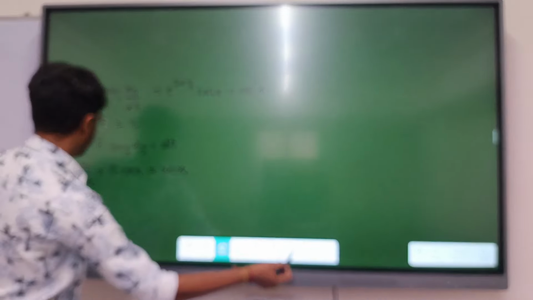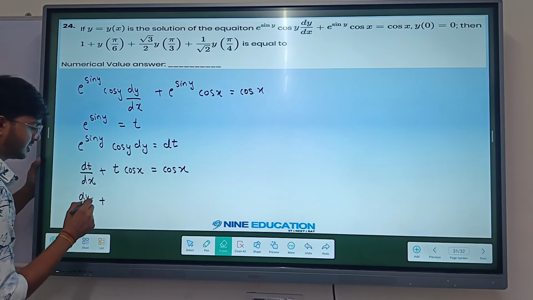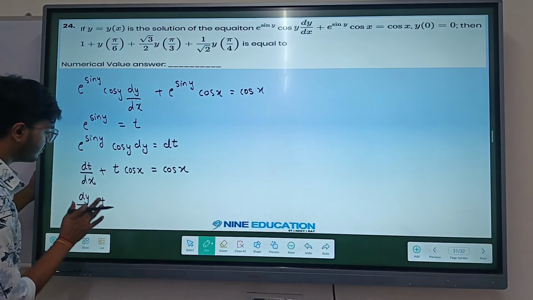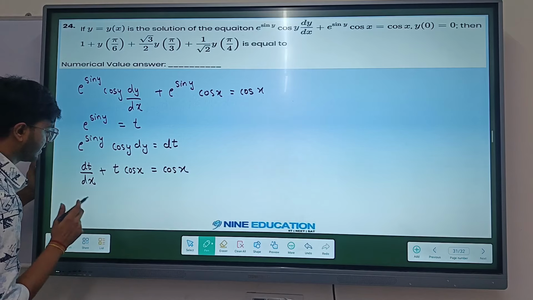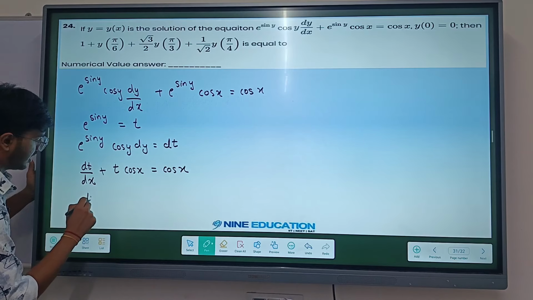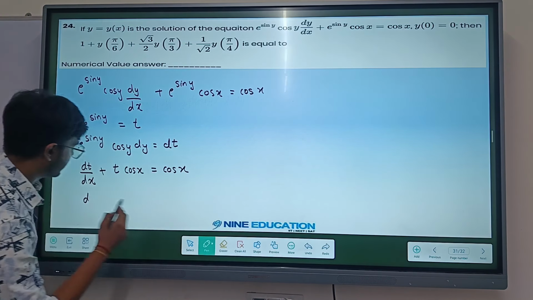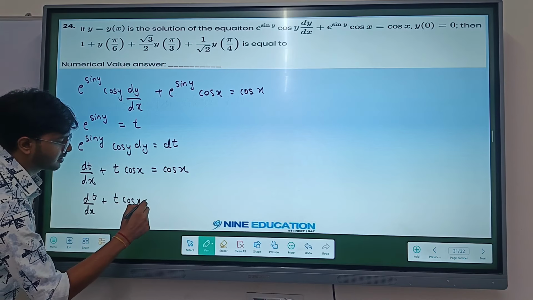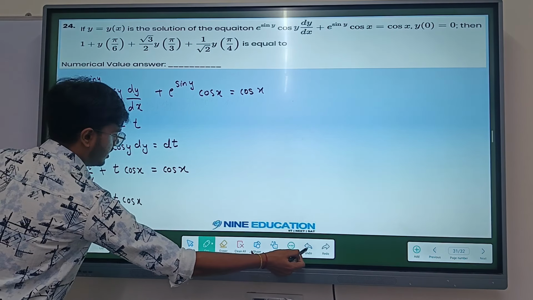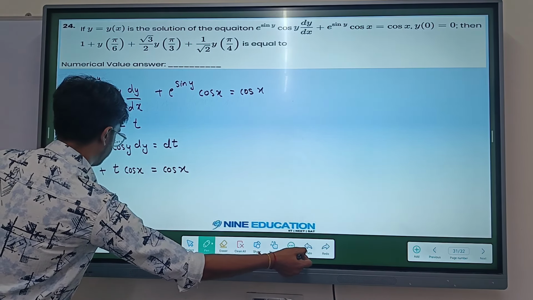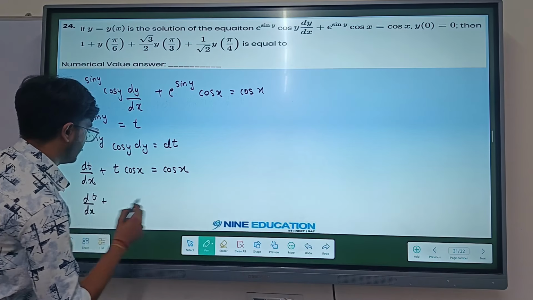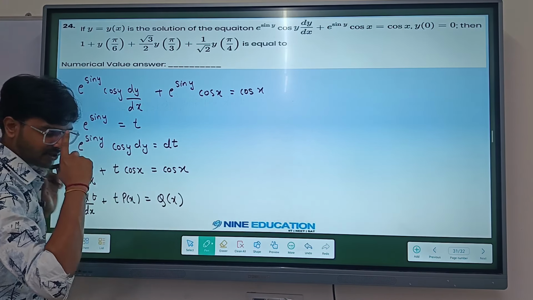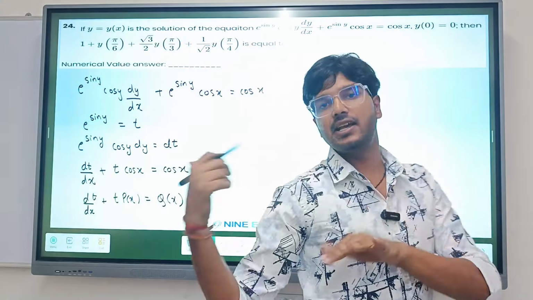So we have dt by dx plus t cos x equal to cos x, where p of x is cos x. Linear differential equation form, instead of y, t is there.